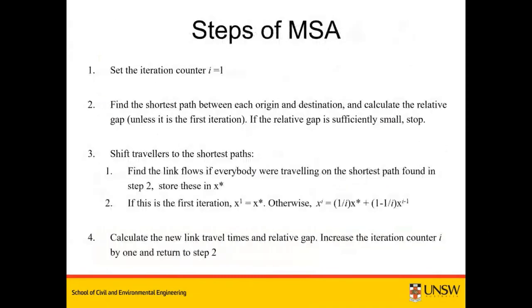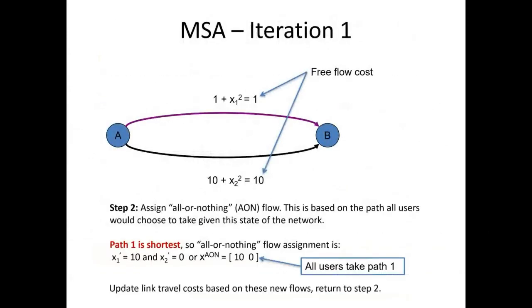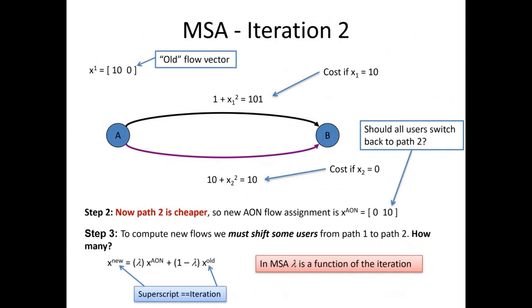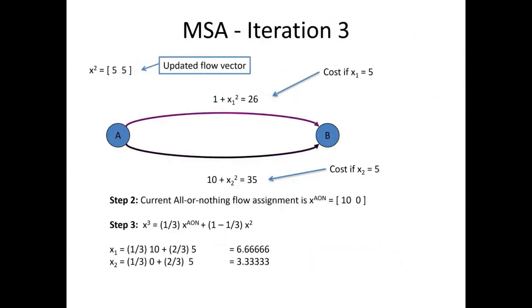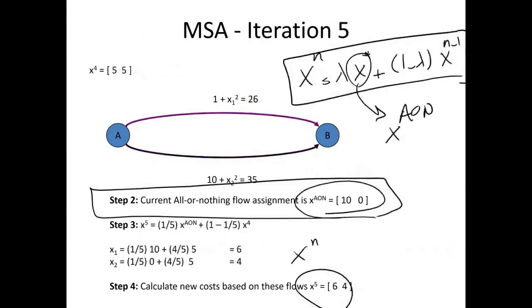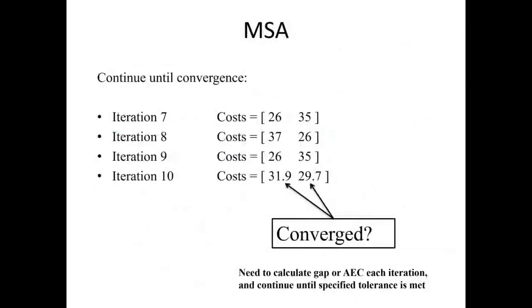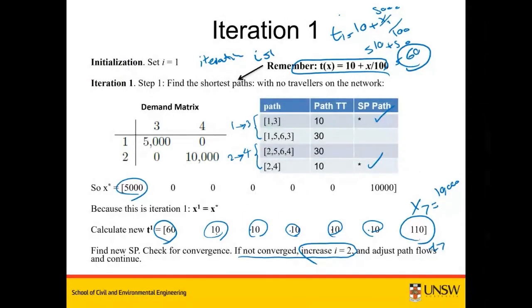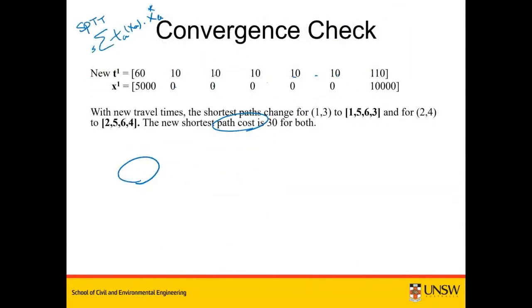So if I go back to this example that we are solving, we are trying to calculate that SPTT, right? So SPTT now would be the all or nothing assignment X multiplied. With the new travel times, the shortest path is this new path and also this one. So the new shortest path cost is 30.